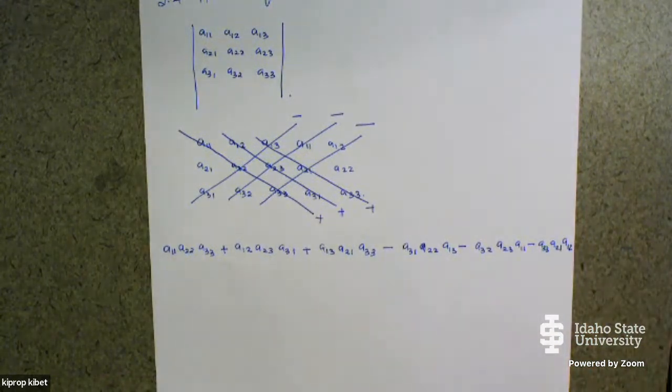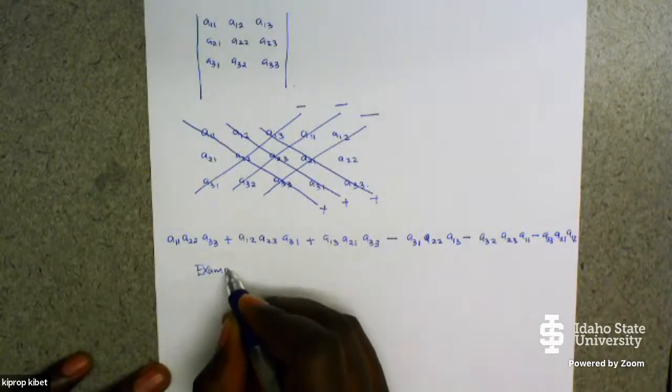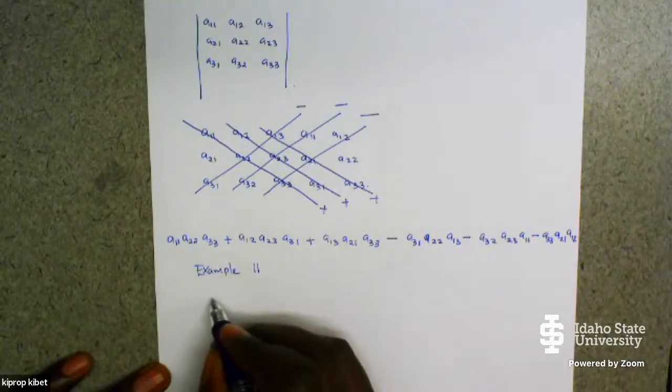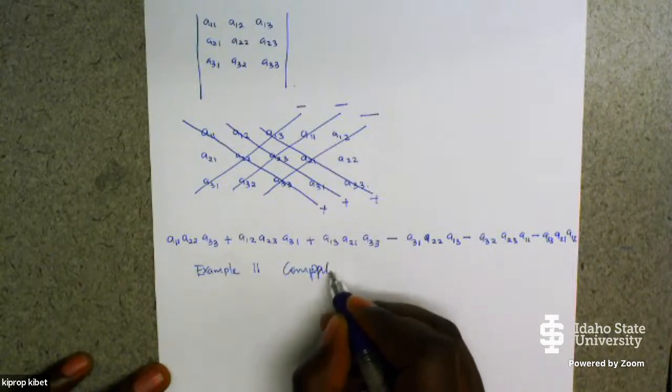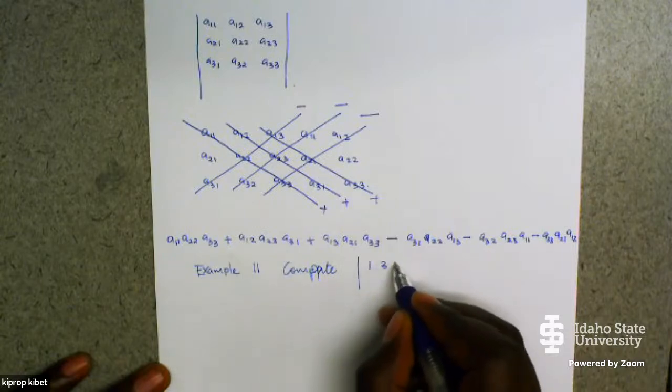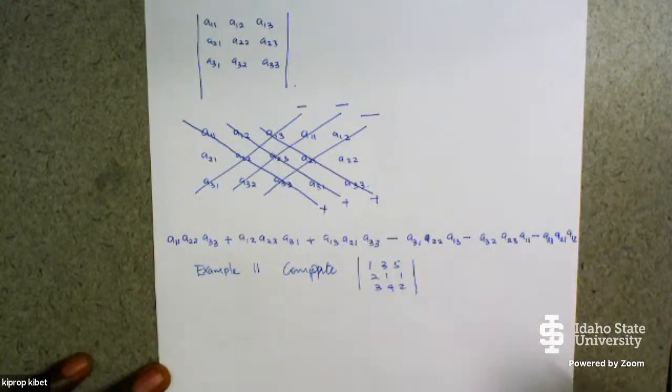So that is the easiest way. For example, compute the determinant of 1, 3, 5, 2, 1, 1, 3, 4, 2, the one which we have just been doing.